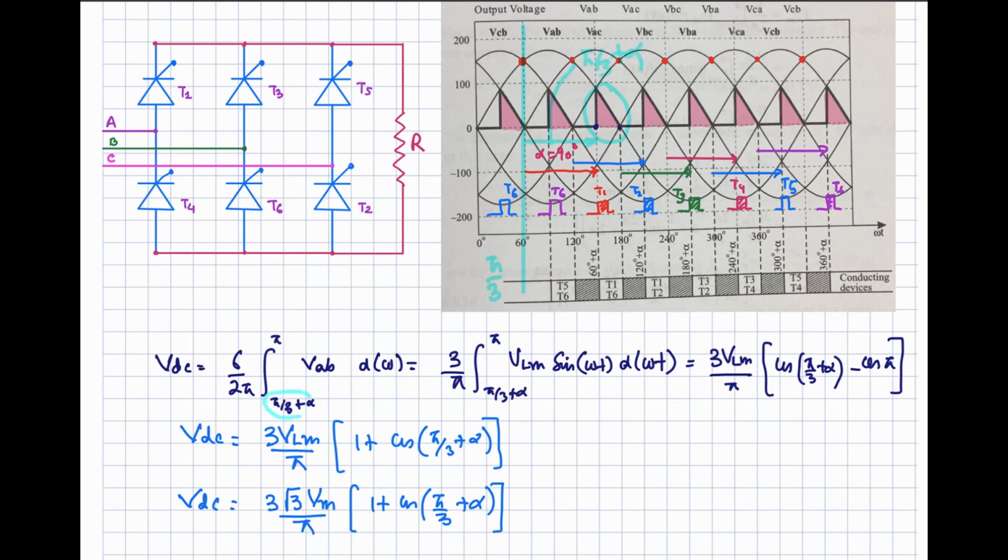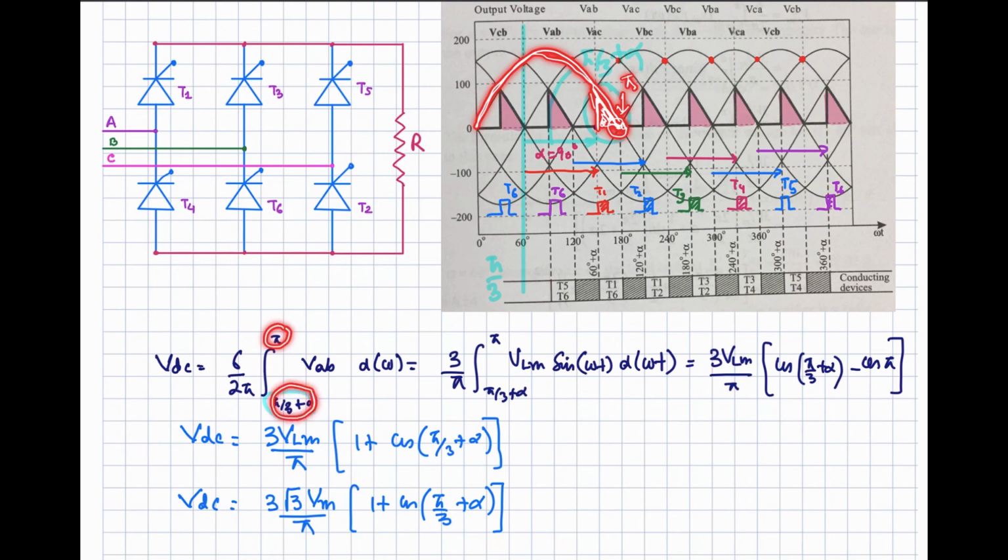So that will be the starting point, and once this will start appearing across the load, it will appear up to this point, that is the zero voltage level of your voltage waveform. And this is we are going to consider the portion of VAB over here, right? This is the portion of VAB. So for VAB, this is the point pi, so we are going to integrate it up to pi.